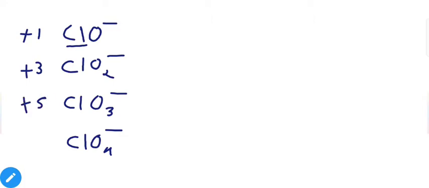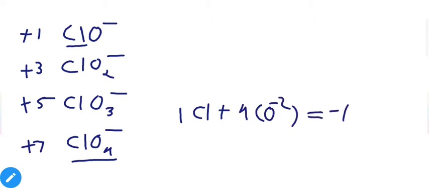Similarly, we have +5 and +7 in the last example. Let me show you the overall calculation for the last example so you can calculate the remaining if you have any confusion. We have 1 chlorine and a total of 4 oxygens and the overall charge is -1.